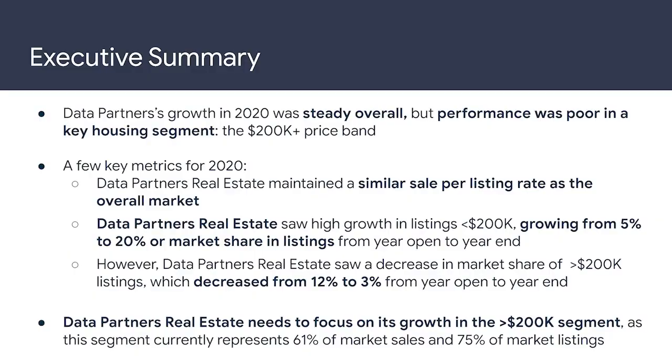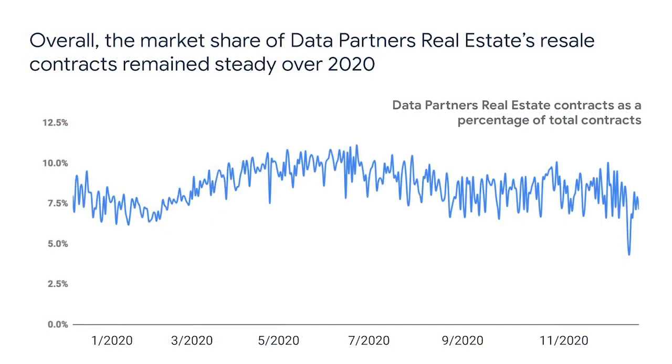Here, we've got an explanation of the metrics they use to perform their analysis. And in each slide after this, they use the title to tell their story and explain the steps of their analysis. They state the overall market share of this company's resale contracts has remained steady.